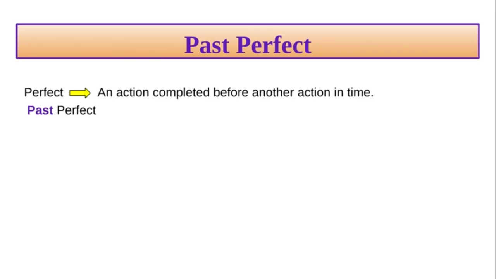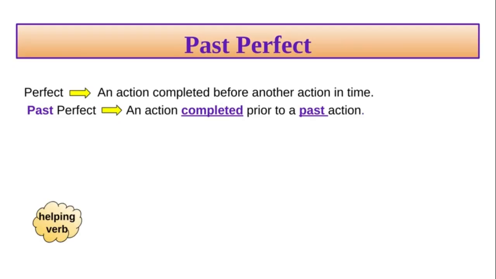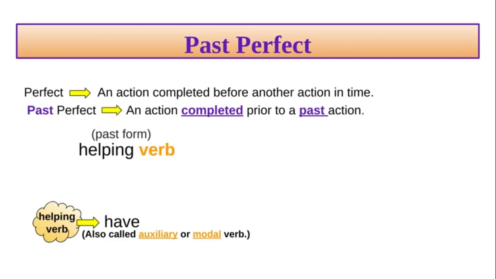The past perfect, keyword past, is an action that was completed before another action in the past. To conjugate the past perfect, we're going to use the helping verb have. Combine the past form of our helping verb and the past participle to conjugate the past perfect.